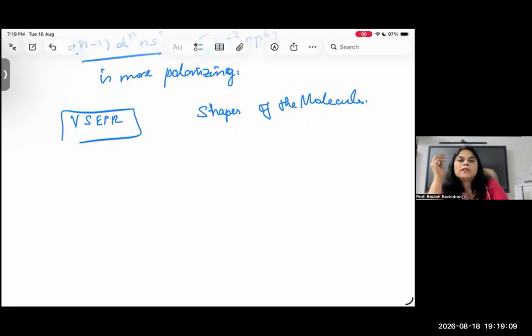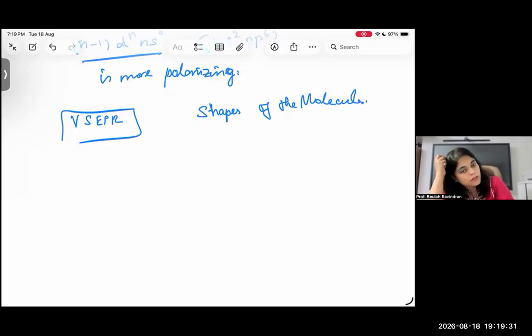They are directed to some specified positions in space. So, covalent bonds have definite shapes. This theory was proposed by Sidgwick and Powell and later modified by Nyholm and Gillespie. So, famous scientist Gillespie was.